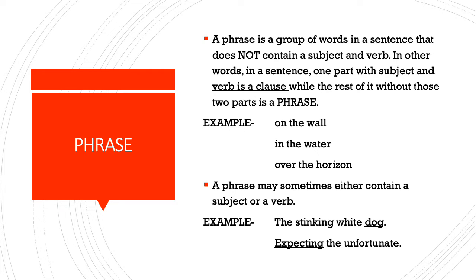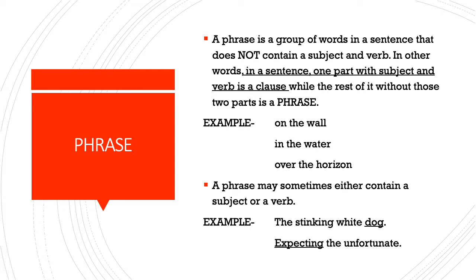Okay, so see the example, when a subject is there in the phrase: the stinking white dog. So we are talking about a dog. This group of words has a particular subject, but what the subject is doing we don't know, so it does not have a verb, hence it is not complete in its meaning.